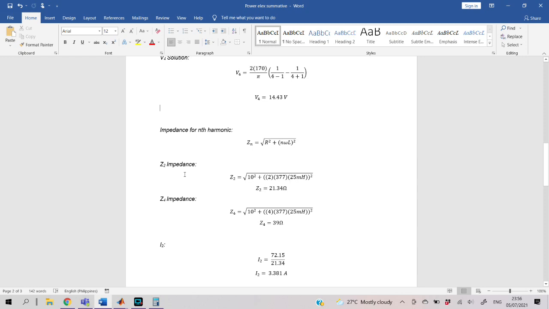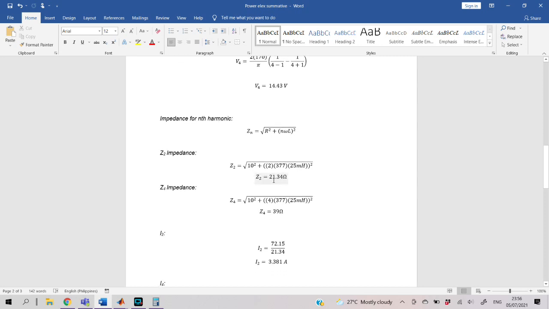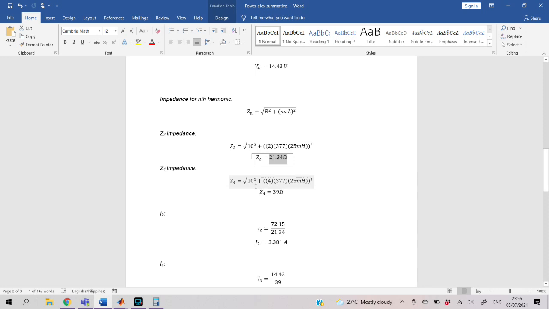For the second harmonic, by substituting its values, we obtain 21.34 ohms. For the fourth harmonic, where n is equal to 4, we obtain an impedance of 39 ohms.